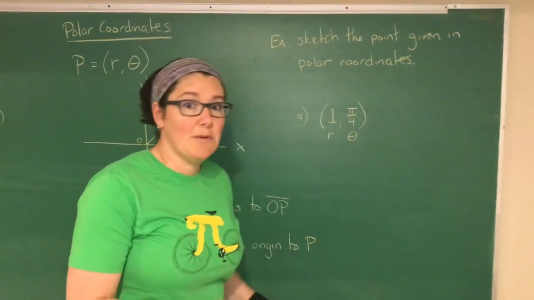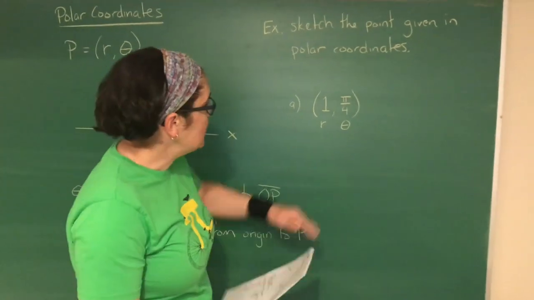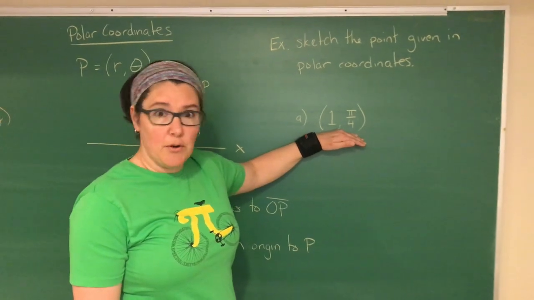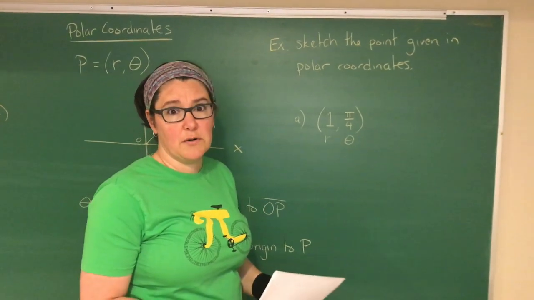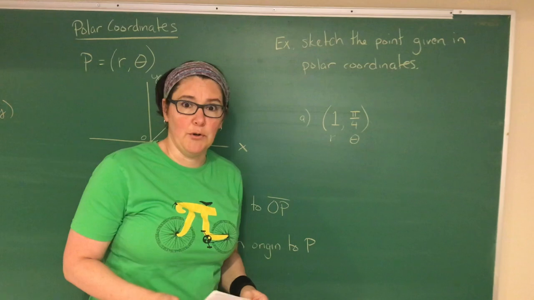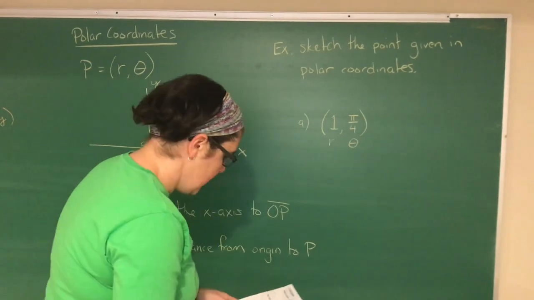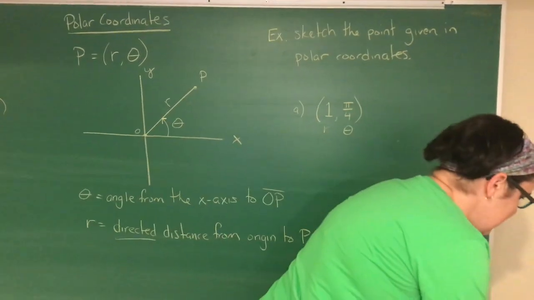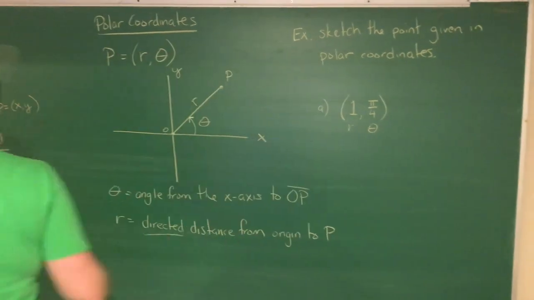So you have to know what the context of the problem is in order to know whether this is written down in polar coordinates or in rectangular coordinates. So here we're told these are polar coordinates. Okay, so here's how we might think about drawing this point.